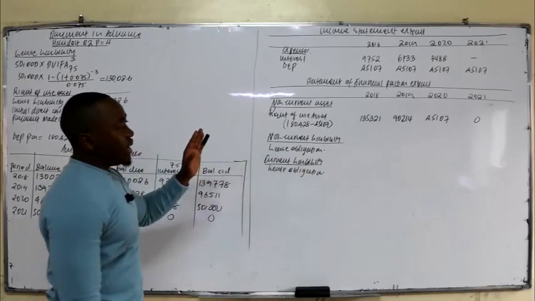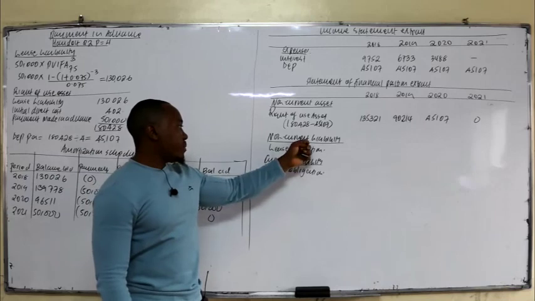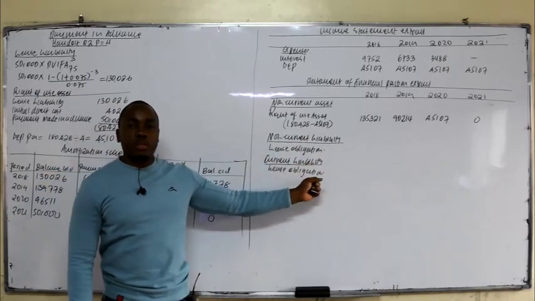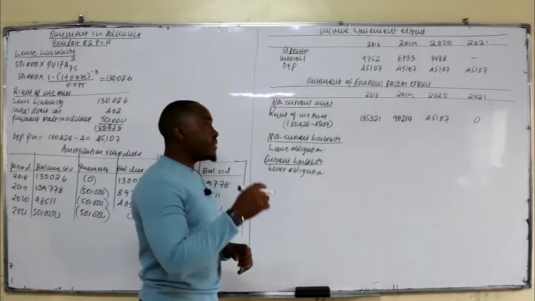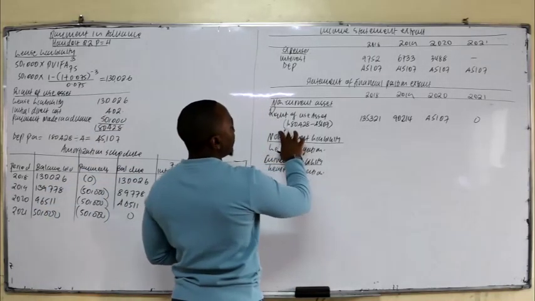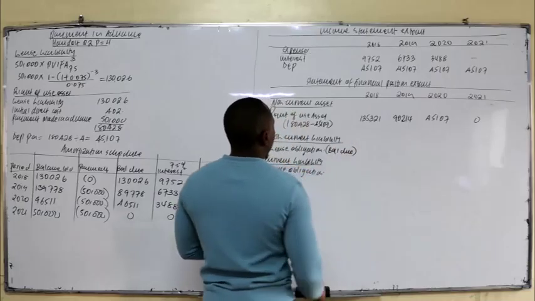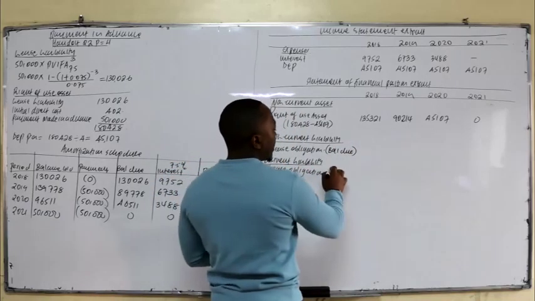Now, whenever you're paying in arrears, for the non-current liability, you take the balance carried down. For the current liability, you take the principal. Now, when you're paying in advance, for the non-current liability, you'll take the balance due. Then for the current liability, you'll take the payments.